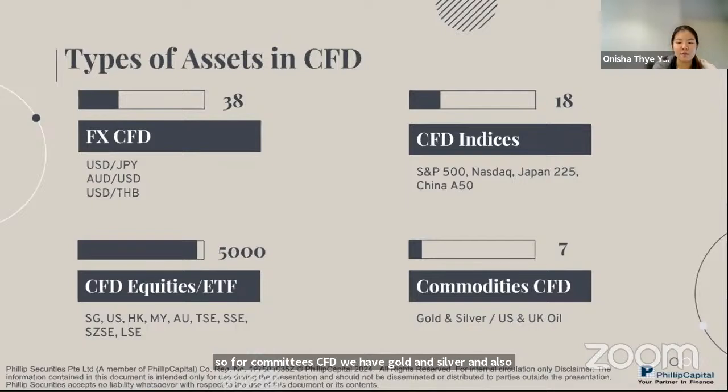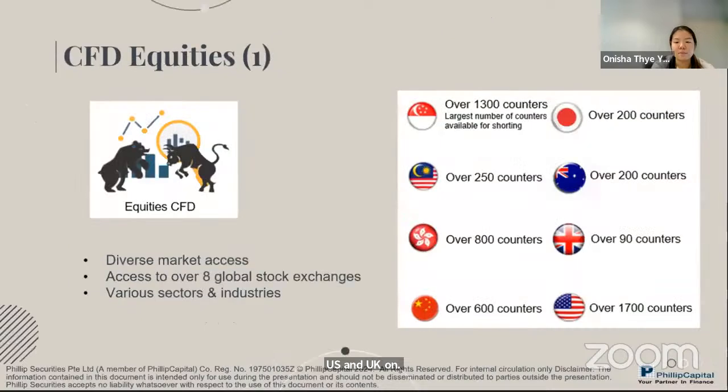It ranges from precious metals to oil. CFD equities allow you to get exposure ranging from technology to pharmaceutical companies, which is various sectors and industries. So there's a diverse market, as we know here we can get access to over 8 global stock exchanges, depending on which market you want to trade.